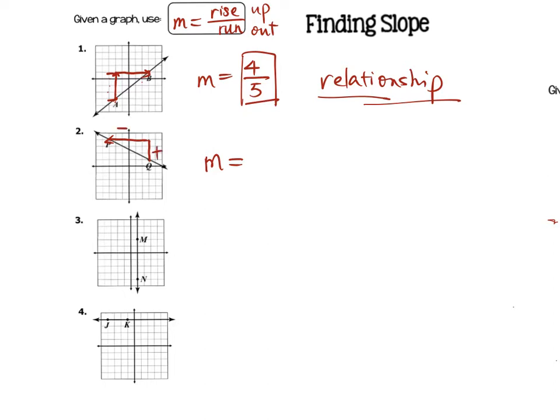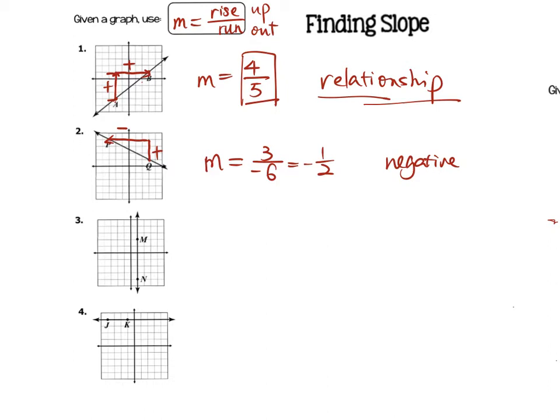When I rise up, this is positive. Compared to example 1, when I rise up is positive, I go to the right is positive. So now I rise up by 3, and then I go to the left by 6. So I have negative half. This is a negative slope. Therefore, it's going downhill. Right?